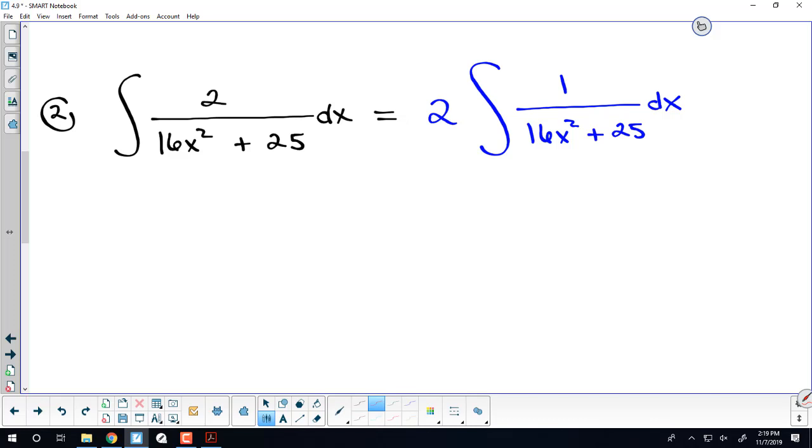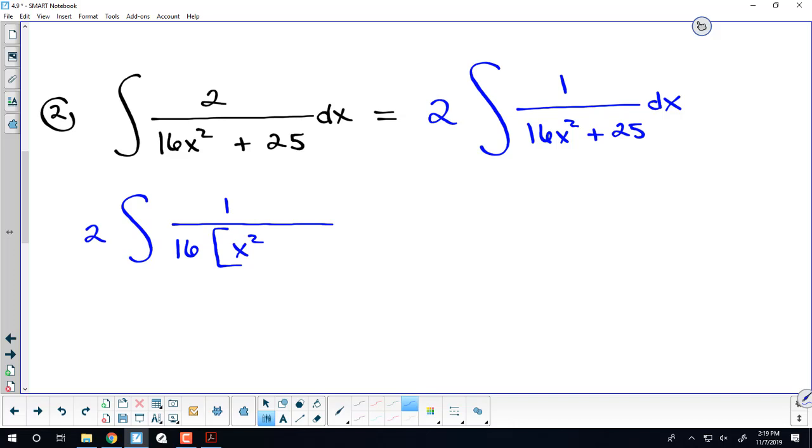Since we're going off of that formula sheet for the time being, and it does have just a 1x squared in that formula, something like this, we wouldn't want the 16 next to the x squared, so we would have to factor that out. But I can't just factor the 16 out of the x squared, right? I would have to factor out the 16 from the entire denominator.